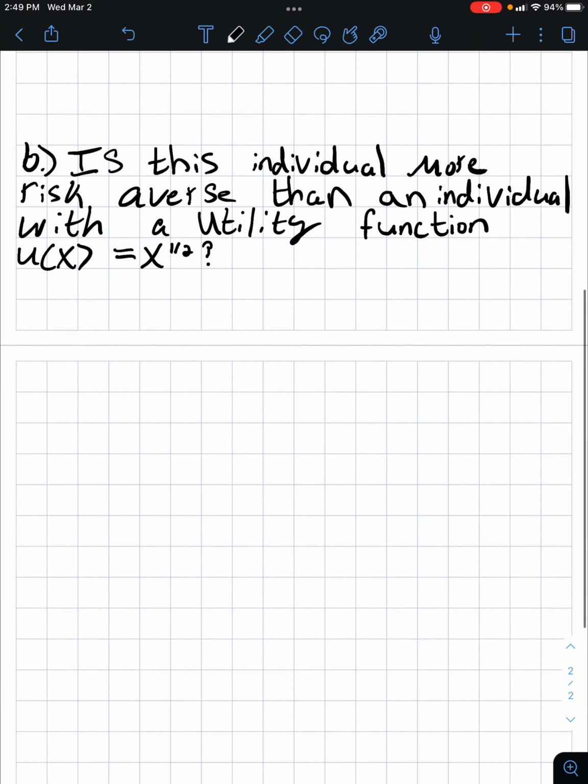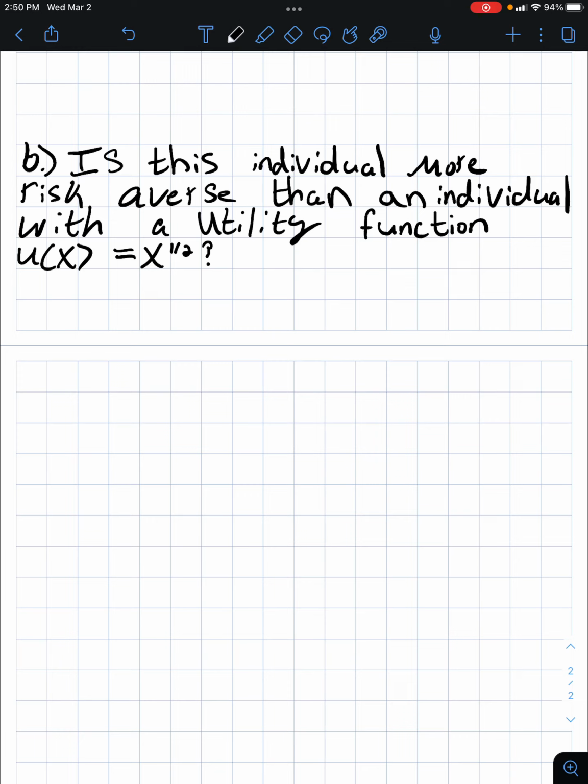Part B. Is this individual more risk averse than an individual with the utility function u of x is equal to x to the 1/2? Well, to do this, we need to find both utilities' risk aversion ratios. So how do we calculate those?